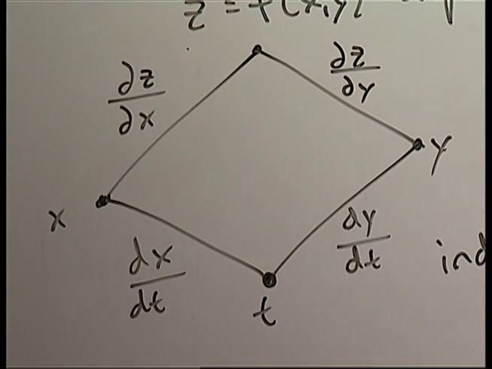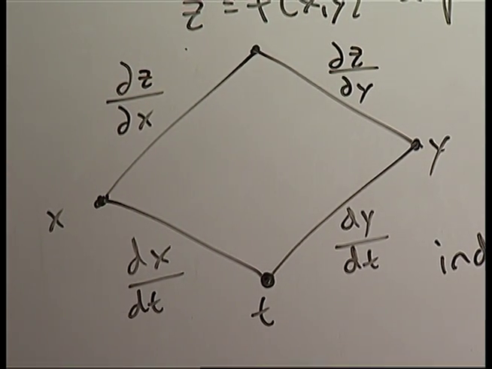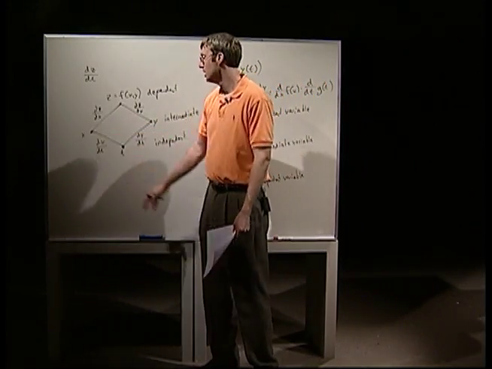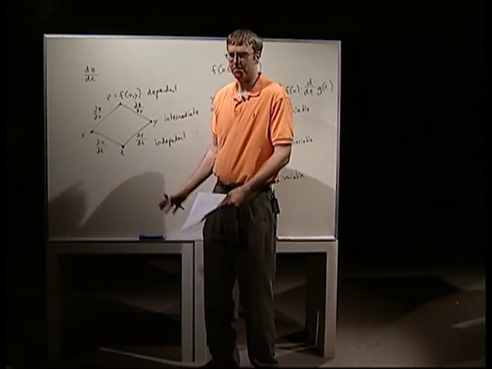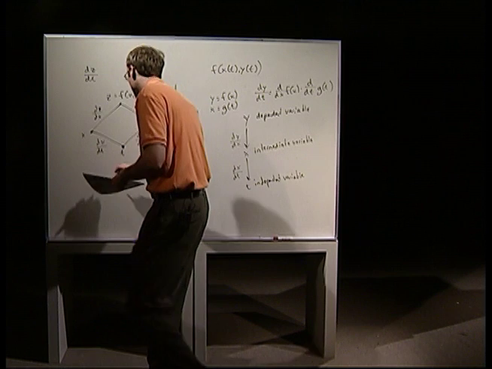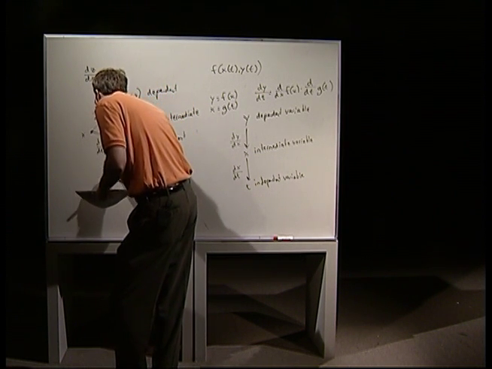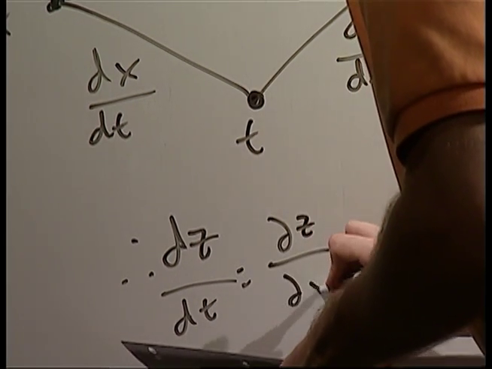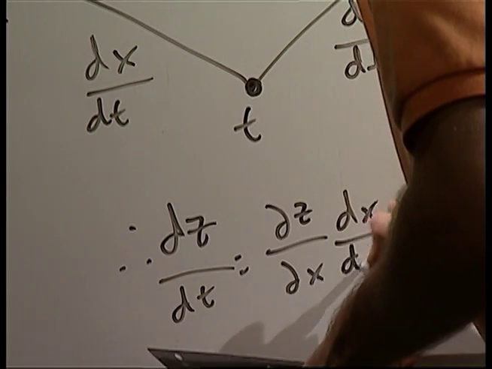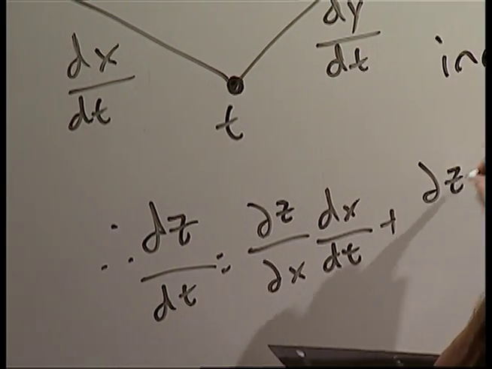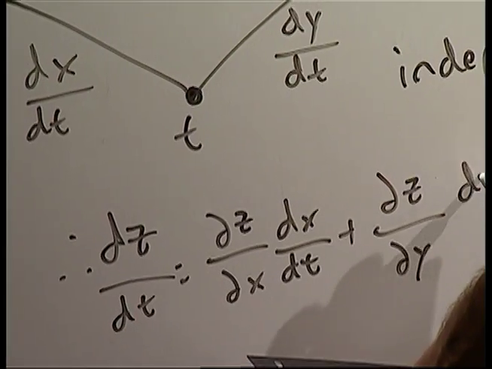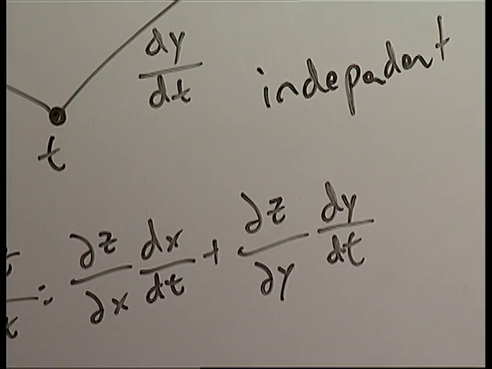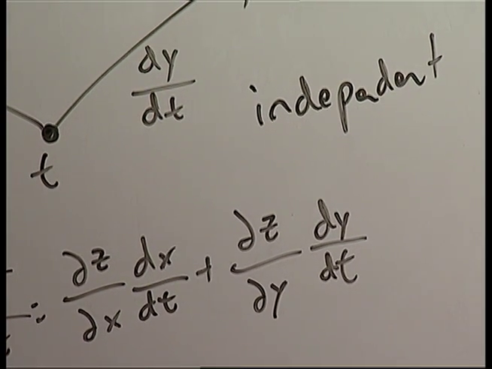So rather than going right down the line and multiplying together, I have two separate paths which I can multiply together and then sum. And that turns out to be the chain rule. So dz dt is partial z partial x dx dt plus partial z partial y dy dt. That's one form of the chain rule there, right?